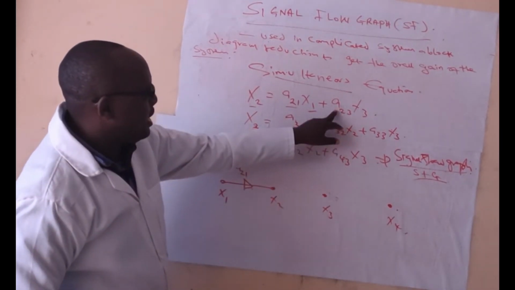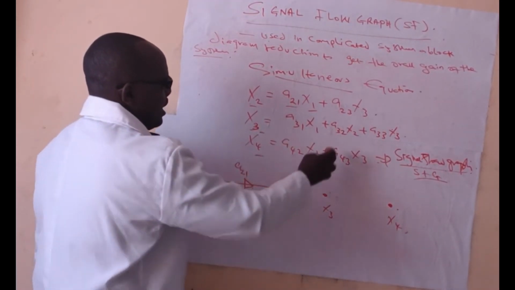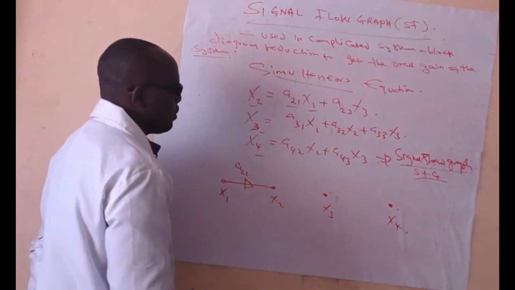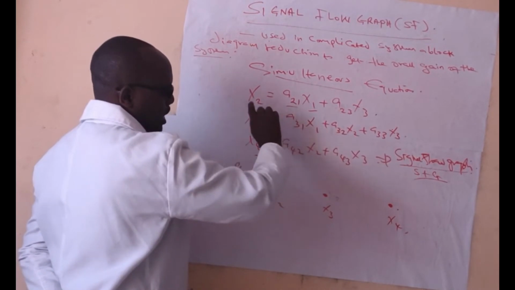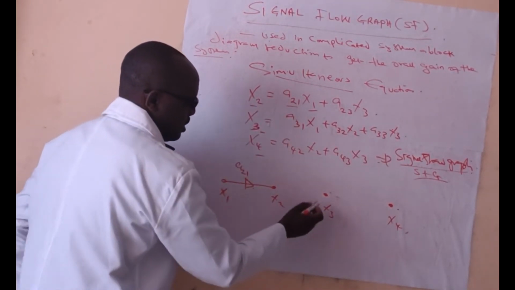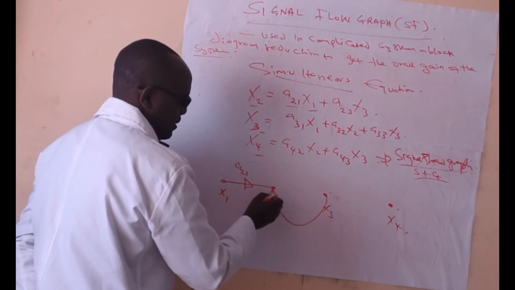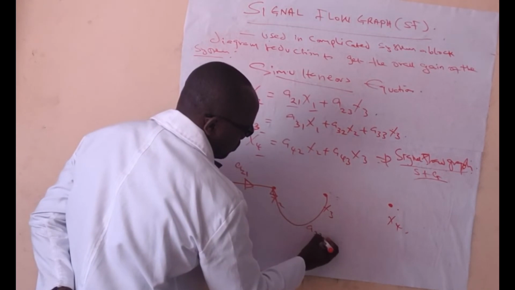Now a23 x3 means this one is not going to go in the forward path, because the arrow is coming from x3 going to x2. So this one will go like this, and the gain will be a23.